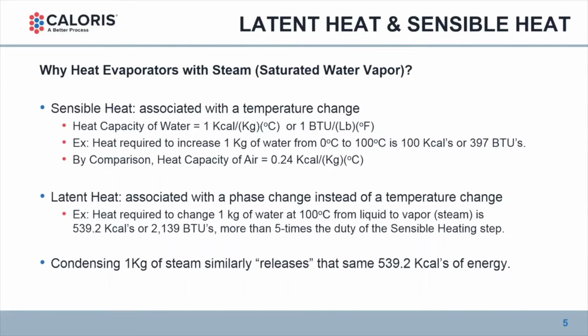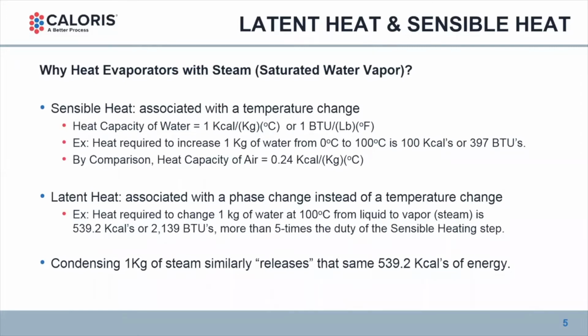Latent heat is the energy that's released when you condense steam or a condensable vapor to a liquid form. And there's much more energy involved in that step. For example, the example I have here is 1 kilogram of water now at 100 degrees Celsius.